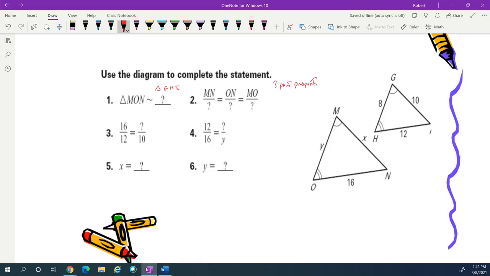Now we can only work with 2 of those fractions at a time, but the way it is set up, triangle 1 is across the top, so we're going to fill in triangle 2 across the bottom. MN, going from angle 1 to angle 3, corresponds with the 10. ON, going from angle 2 to angle 3, corresponds with 12. MO, going from angle 1 to angle 2, corresponds with the 8.